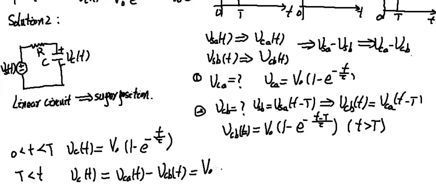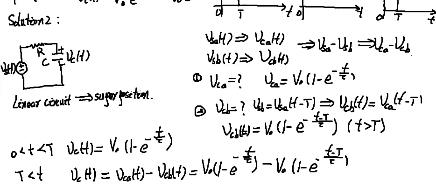It should be equal to V0 (1 minus e^(-t/tau)) minus V0 (1 minus e^(-(t-T)/tau)). We can simplify this. V0 will cancel out, and you get V0 e^(-(t-T)/tau) minus V0 e^(-t/tau). So this is the solution that we obtained using a simple superposition.